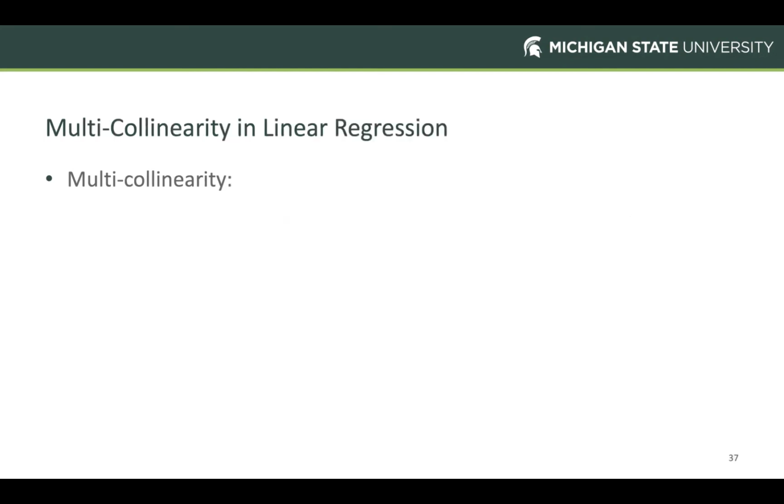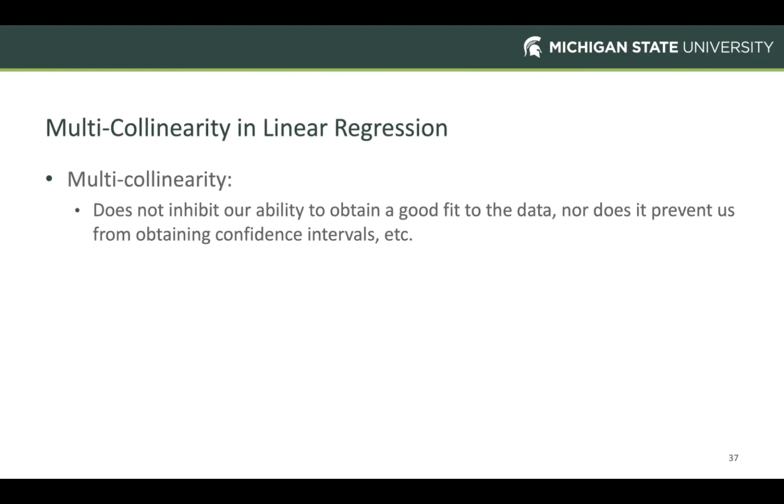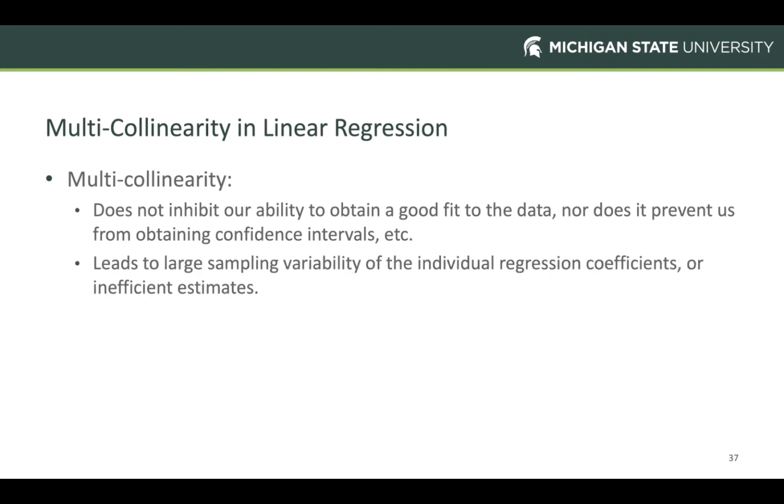Okay? And so back to multicollinearity quickly. It doesn't necessarily create problems from a predictive standpoint. Mechanically, we can often still estimate the model. We can construct confidence intervals, hypothesis tests, etc. The problem that arises is if you have strong multicollinearity, we tend to see very large sampling variability for the regression coefficients.